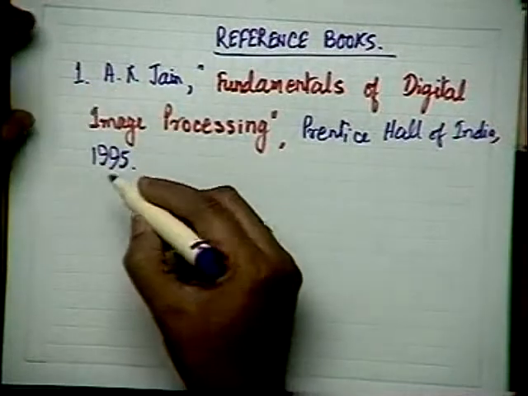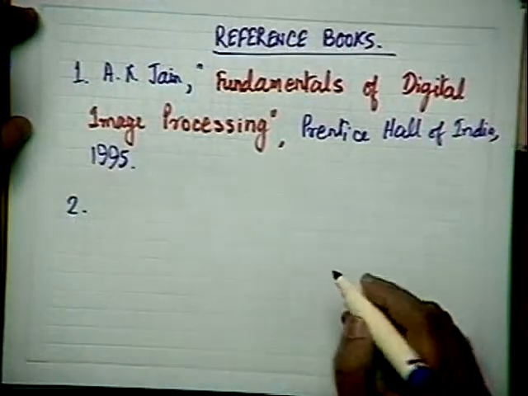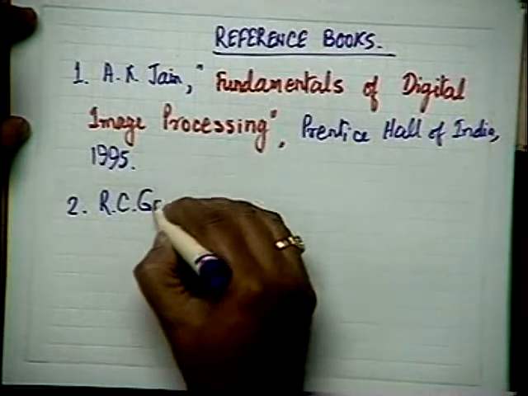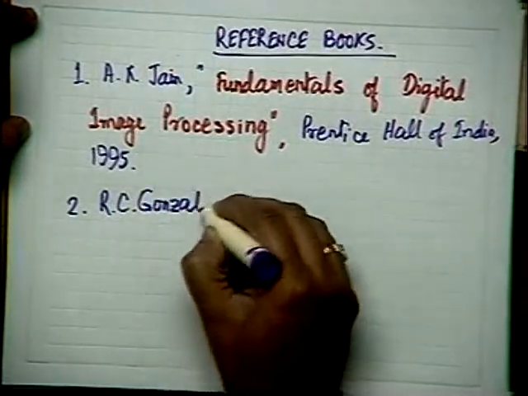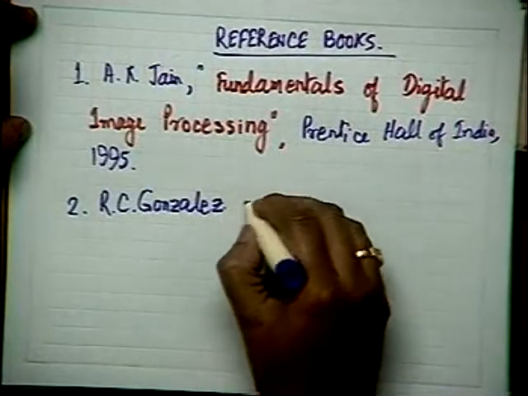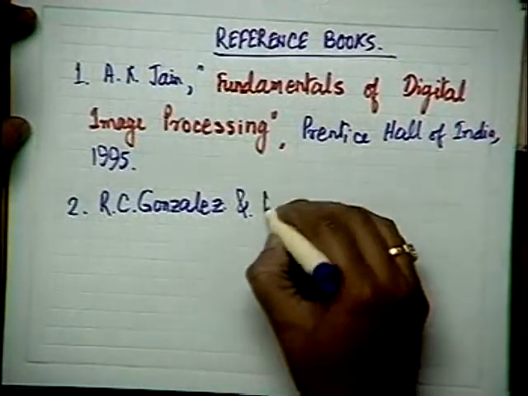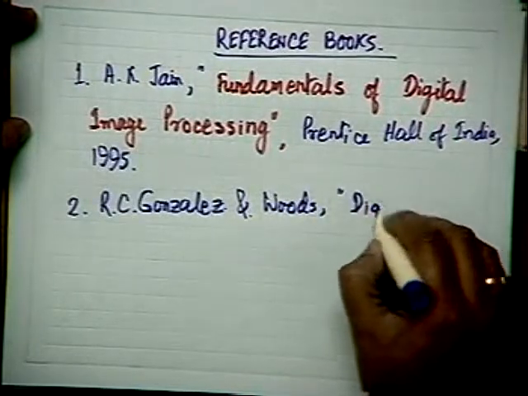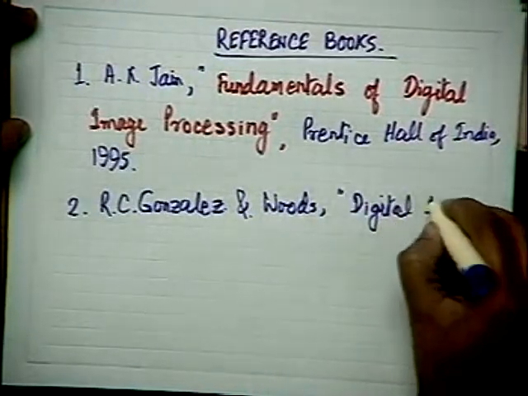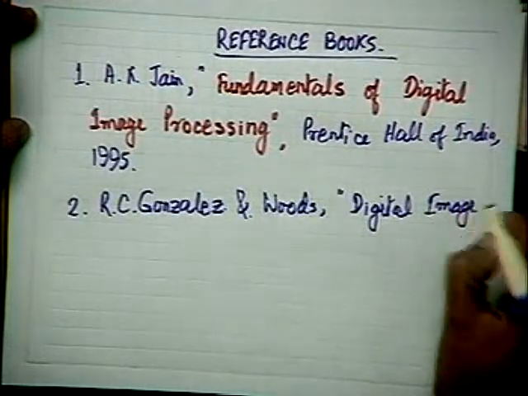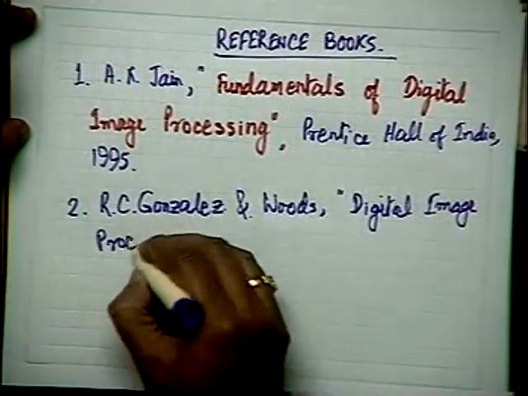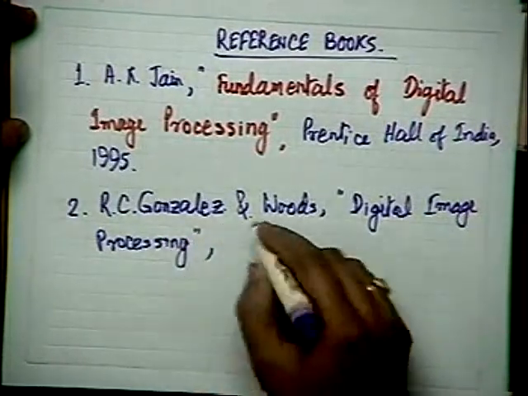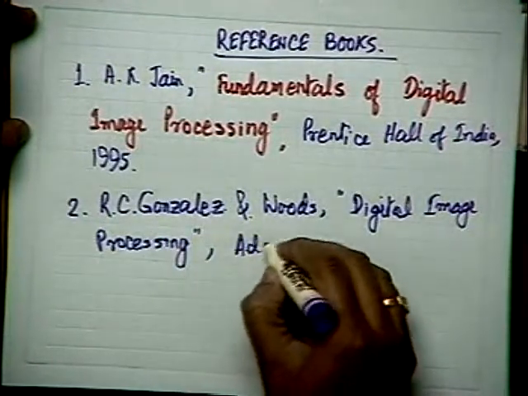The second book which I can prescribe for you is by R.C. Gonzalez and Woods. The book is named Digital Image Processing, and this happens to be an Addison Wesley publication.